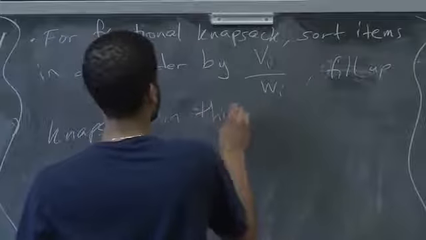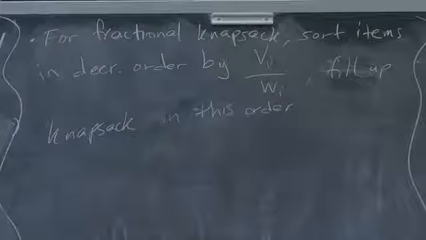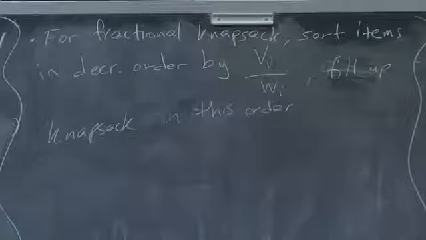Put as much of item 1 in this sorted order as you can, and if you still have space, put item 2 until you run out of space. On the last item, you might only be able to take a fraction of it, but you'll take whatever fraction you can fit.